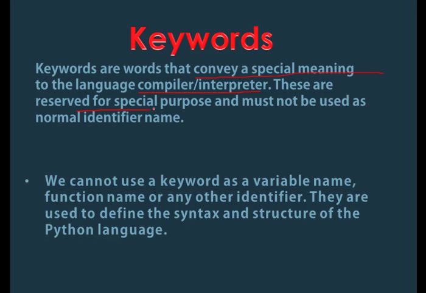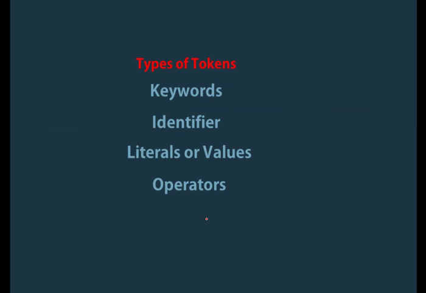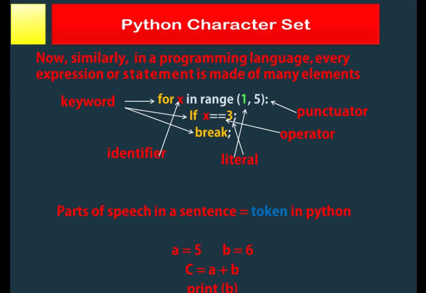We cannot use them as normal identifier names or names of other elements. We cannot use a keyword as a variable name, function name, or any other identifier. They are used to define the syntax and structure of the Python language. I will just show you here. One word is for. One word is break.